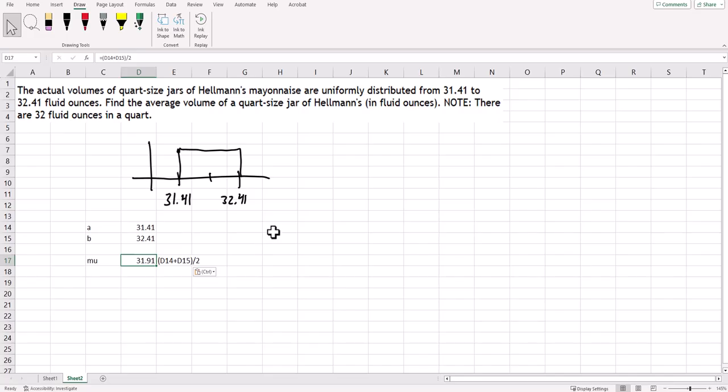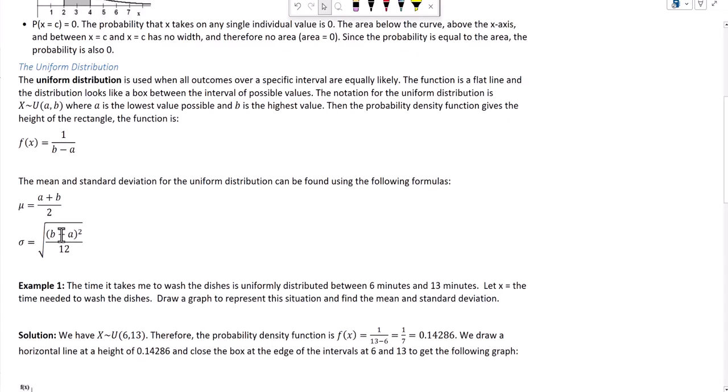Now there's another one of these where it asks us for the standard deviation, and the standard deviation is the square root of b minus a quantity squared divided by 12. And so I kind of need to find this width here. That's what b minus a is. If you don't remember the formula, it's here. Both of them, the mean and the standard deviation.